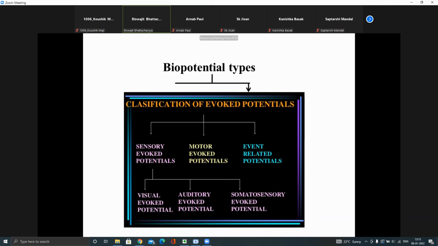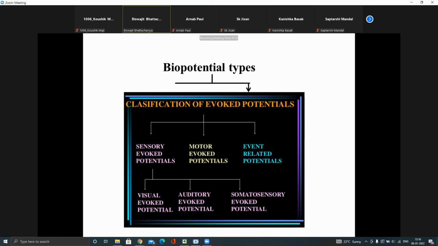Sensory evoked potentials are those voltages generated inside our body or inside our brain in response to some external effect. When we see something and the brain voltage changes, that new brain voltage, the EEG, is called visual evoked potential, VEP.